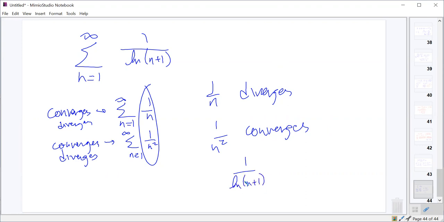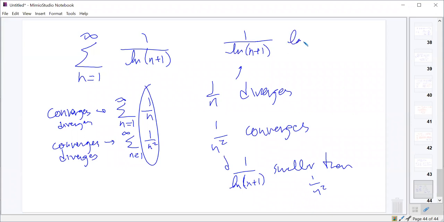needs to always be smaller than 1 over n squared. And for this to make sense, we would need 1 over ln of n plus 1 to always be larger than 1 over n. Does that make sense?